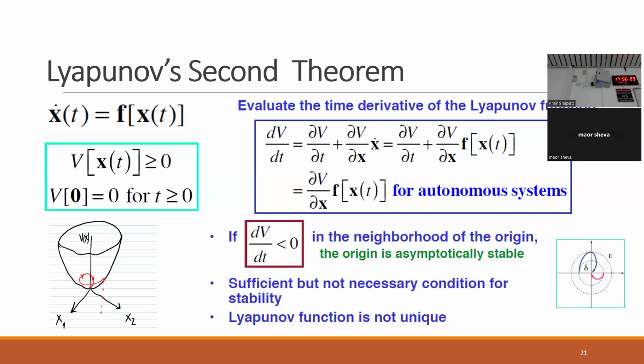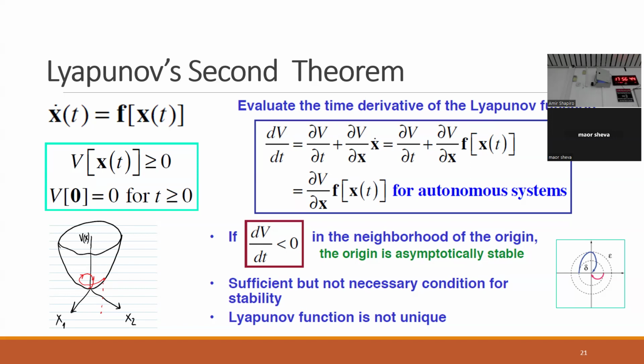As you can see here, it kind of decays. This is x1, x2, the state space, and this is V of x, a positive definite function.